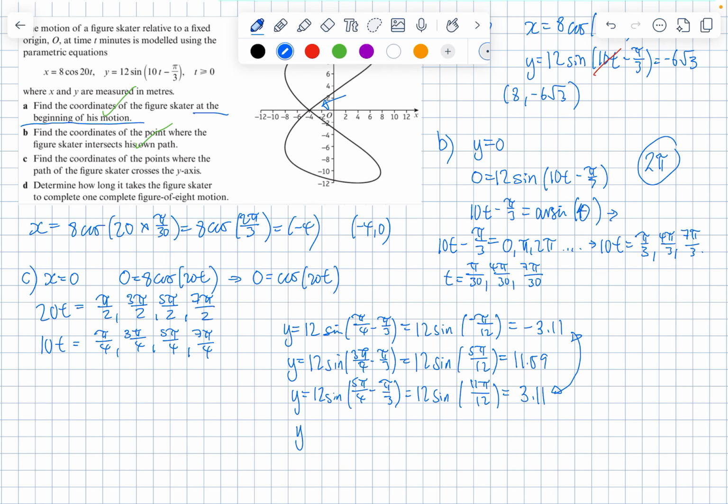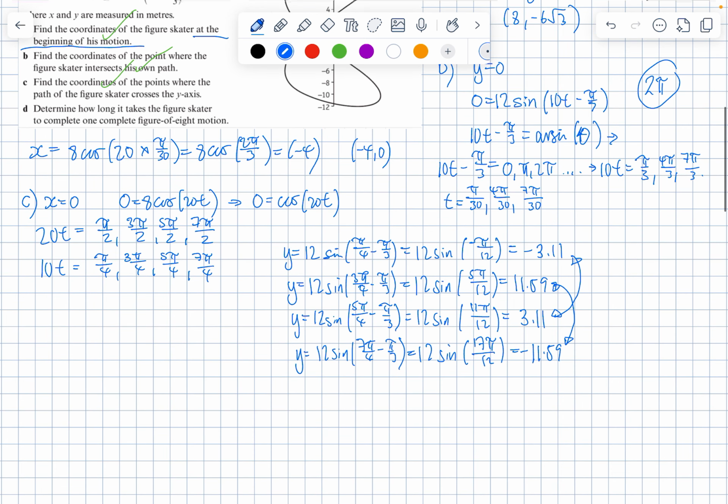And now we've got y equals 12 sine 7 pi over 4 minus pi over 3, and that's 12 sine 17 pi over 12, which is negative 11.59. And again, those two are symmetrical. And we've got our 4 points.